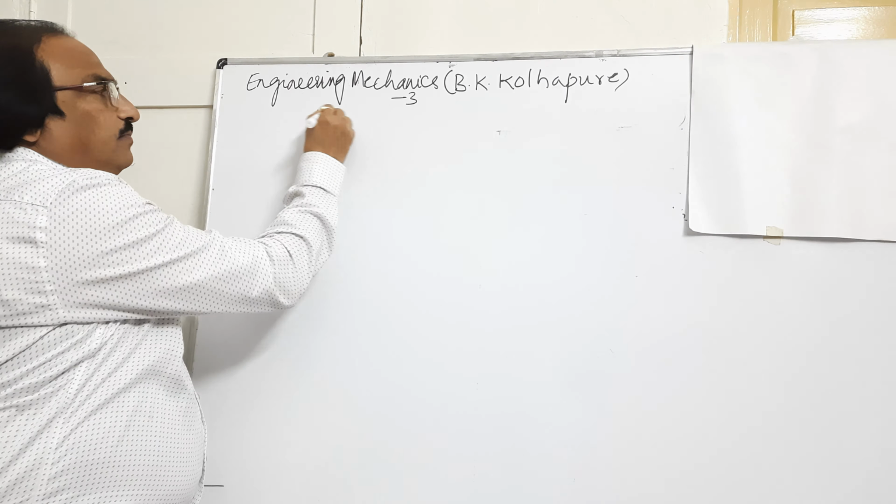Now if I want to resolve the force, see here. Suppose I take this force, this is the head and this is the tail, indicating the direction of force. Now let me keep this force here like this, along the direction P, this is the angle theta. See, if I go like this, we get the horizontal component as P cos theta.